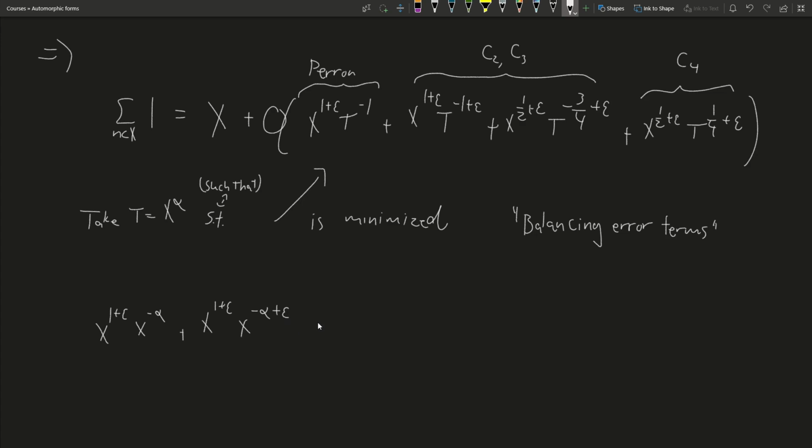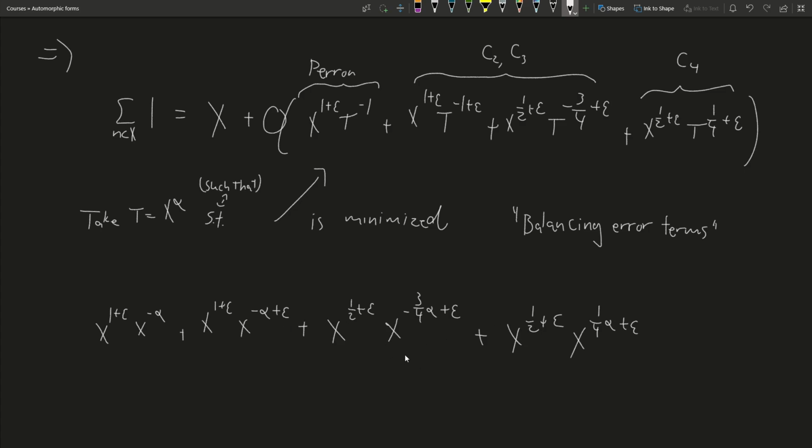It just means some small and positive real number. Third term here is going to be x to the 1/2 plus epsilon, and then we have x to the minus 3/4 alpha plus epsilon, and then this last term, C4 here, we have an x to the 1/2 plus epsilon, x to the 1/4 alpha plus epsilon.